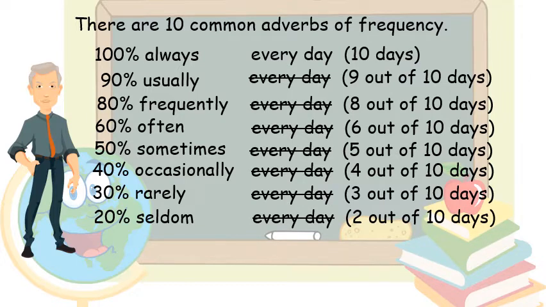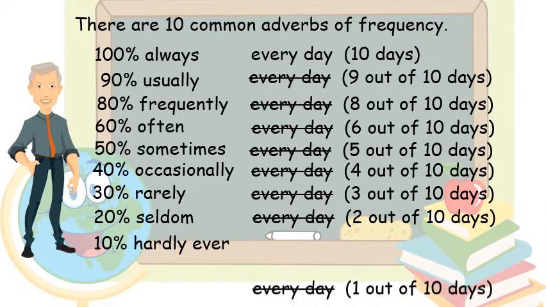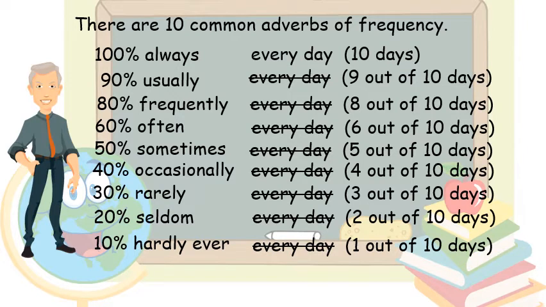That would be 2 out of 10 days. 10% hardly ever. That would be 1 out of 10 days. The second adverb that is exact is never. That is 0%. 0 days.